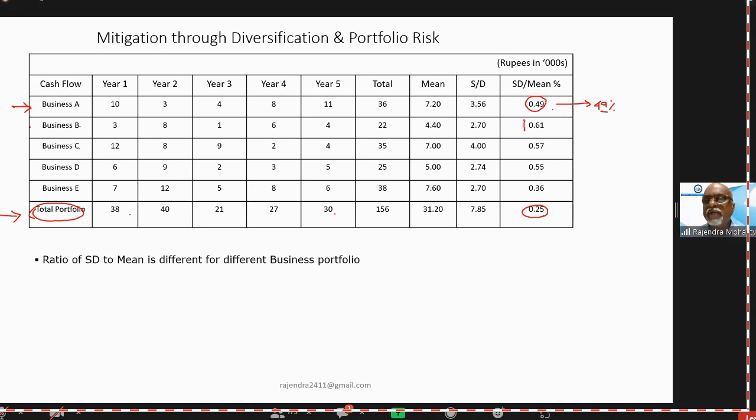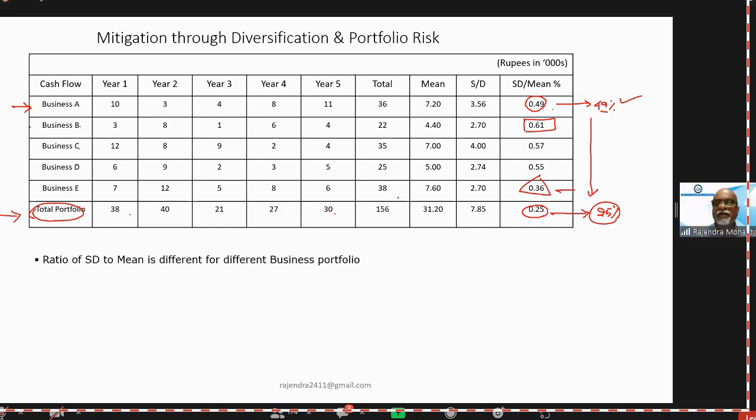The highest risk was 61% in business B. The lowest was 36% in business E. But when we work it out, consolidating all these 5 businesses together, we see that the risk factor has come down to 25%, which is definitely lower than business A, but also lower than the lowest, business E. So how drastically the risk has come down by diversification.